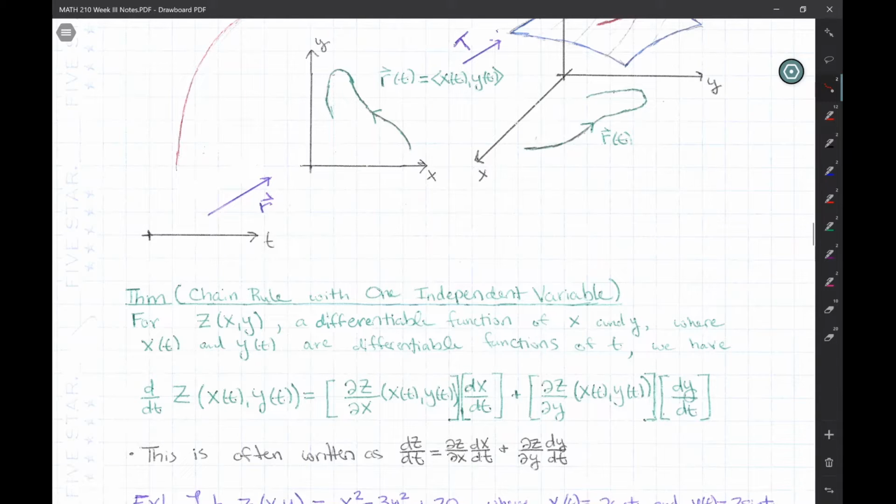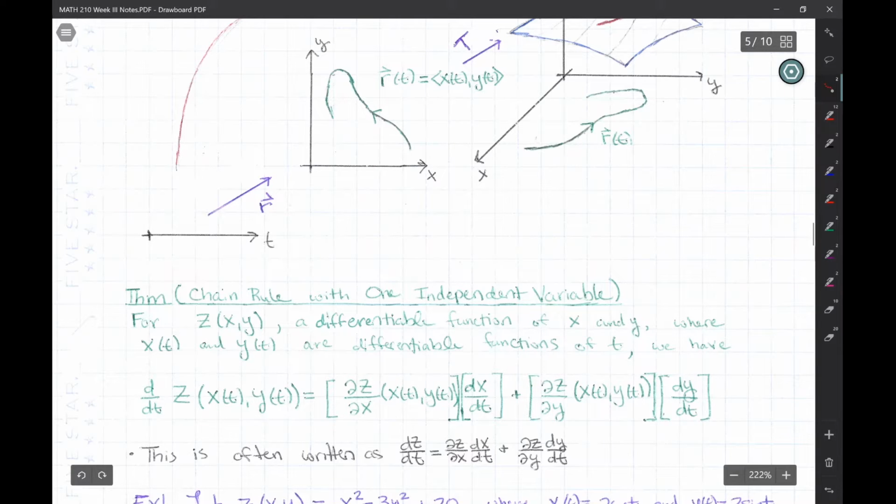So what's the derivative of z with respect to t? We know about the partial derivatives. We already discussed that. But now we want the derivative with respect to t as we move along the path x of t, y of t. For that, we have this formula here. You take the partial derivative of z with respect to x, and you plug in the path, and you multiply that by the derivative of x with respect to t, and likewise for y.